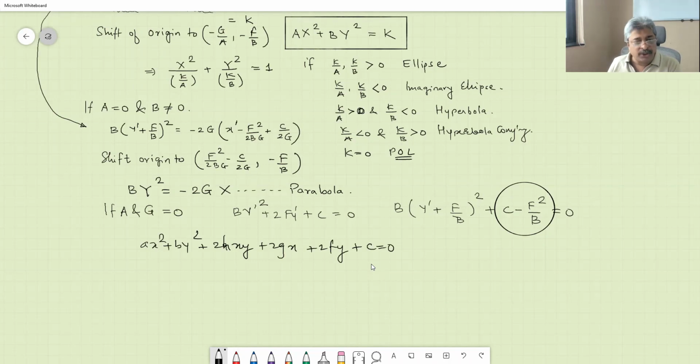that if we would have shifted the origin first, then this equation would look, okay, let me do it.